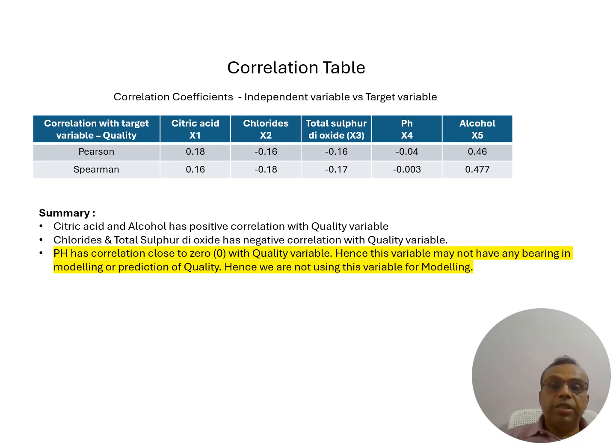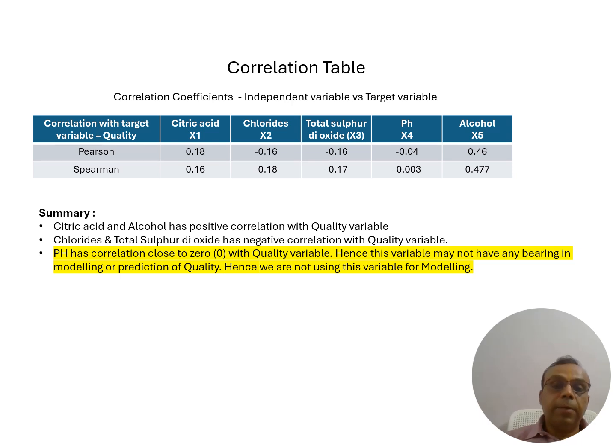Coming to the correlation table, as we discussed earlier, here I have listed both Pearson and Spearman correlation. So as you see, most of the variables are positively or negatively correlated with quality, except pH. pH has correlation close to zero, which means it does not exhibit any sort of relationship with the quality.